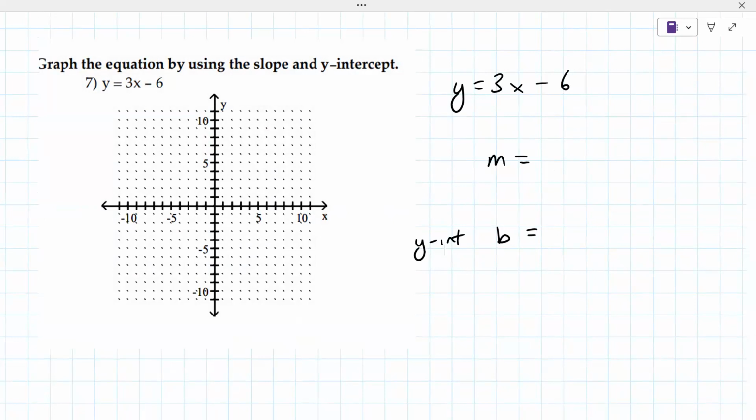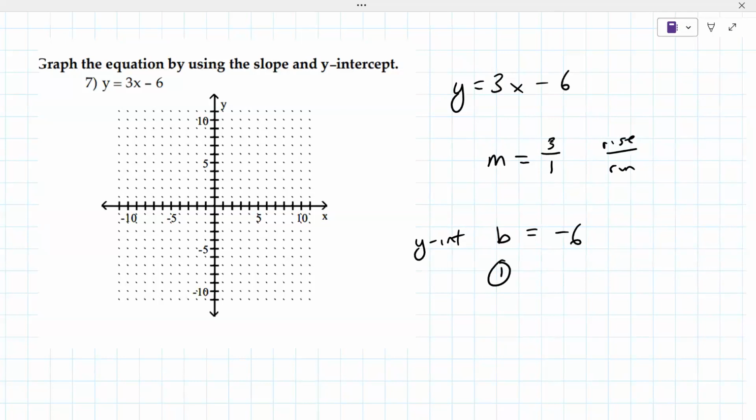M is 3, or maybe 3/1 because it's the rise over the run. And the b value? -6. Good.